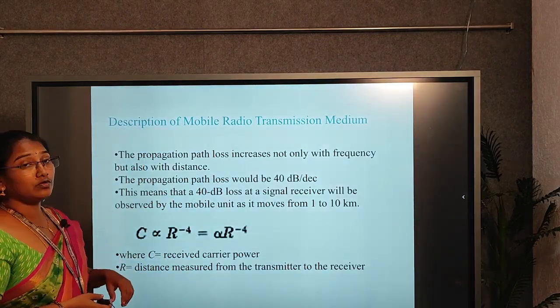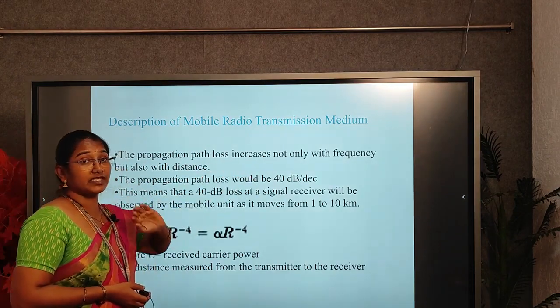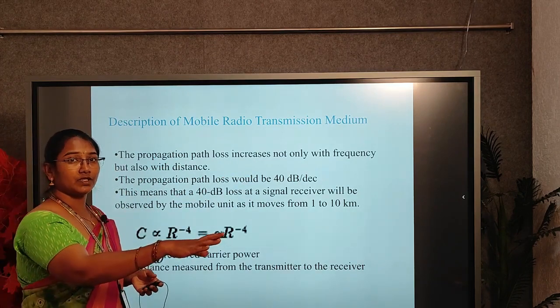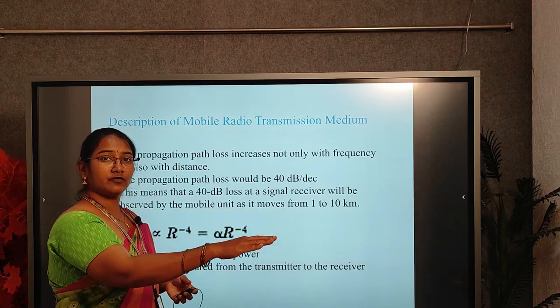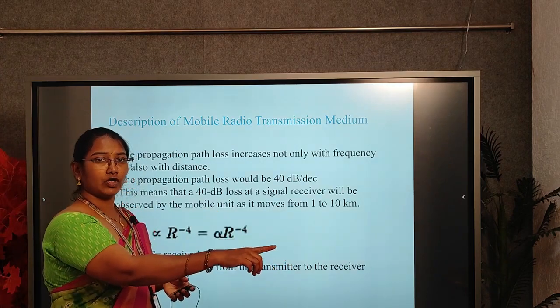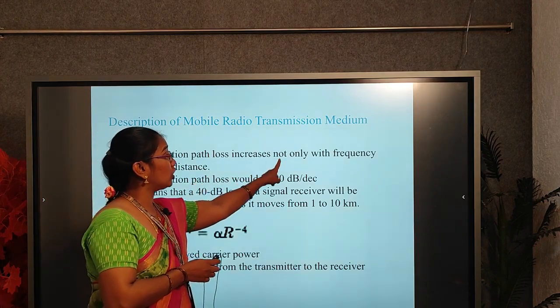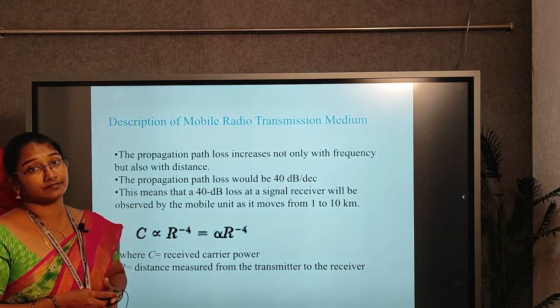Description of mobile radio transmission media. The propagation path loss increases. See here, propagation path loss. Propagation means traveling, so in which way is the wave traveling? Path loss increases not only with the frequency but also with the distance.